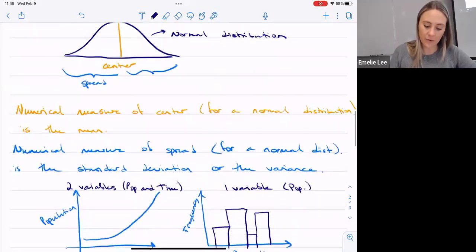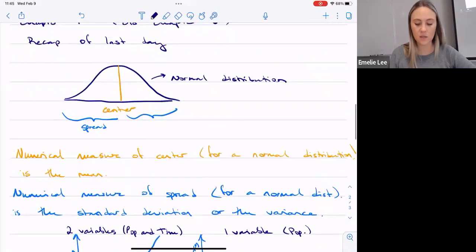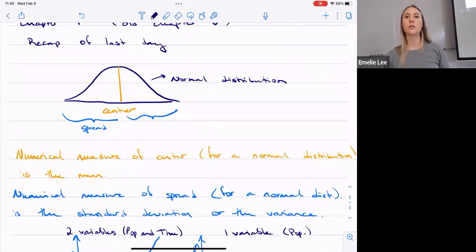So if we have measurements from a normal distribution, right? And usually the question will say these things follow a normal distribution. And so grades, for example, tend to follow a normal distribution. And one really common example that we use is in the States, they have the SATs and the ACTs.